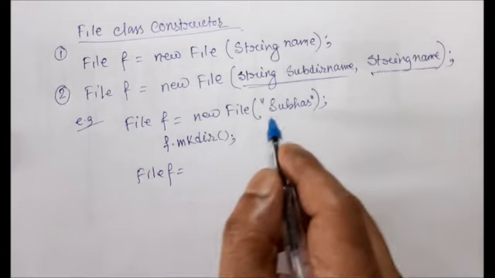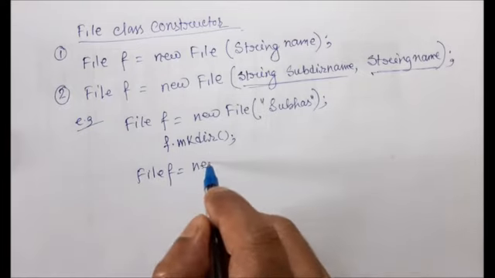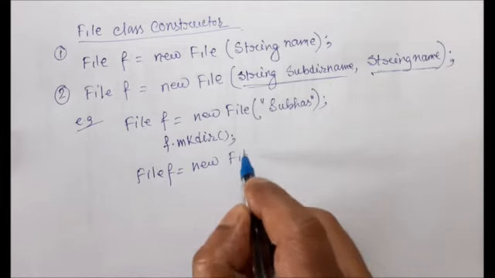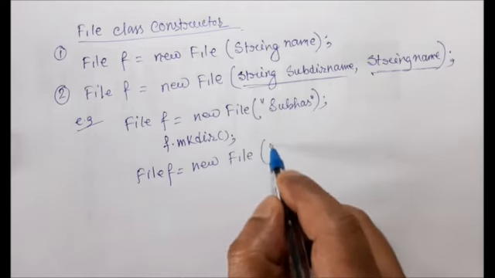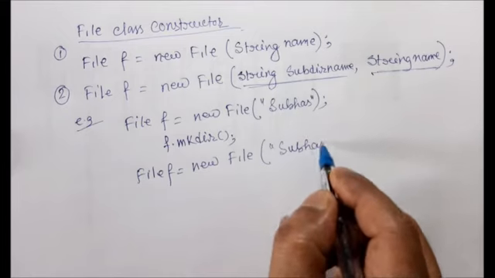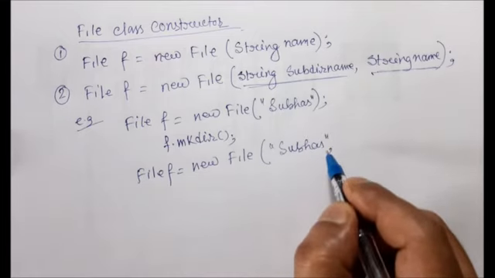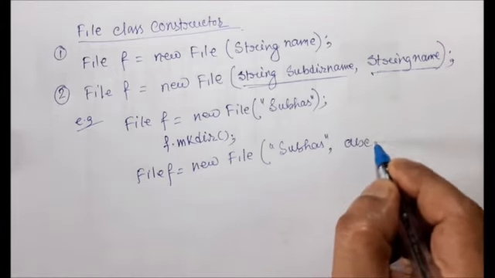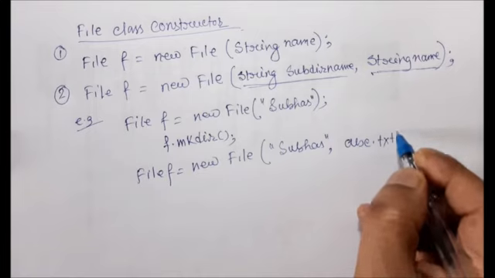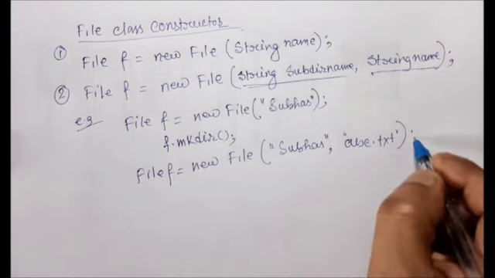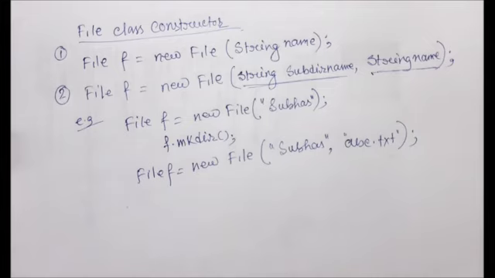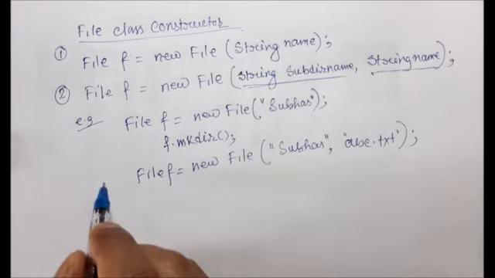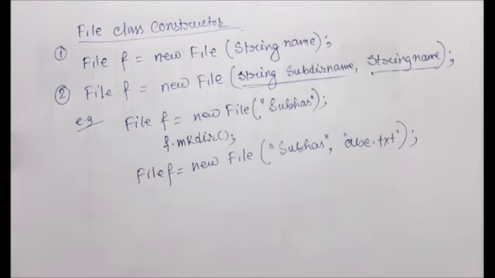So, I have already created this directory. The second time I just pass a file, then the name of the directory. Here the name of the directory is Subhash, and under that I will create abc.txt, right. I can make it a string also, no problem. So, this is the second way to use this constructor.